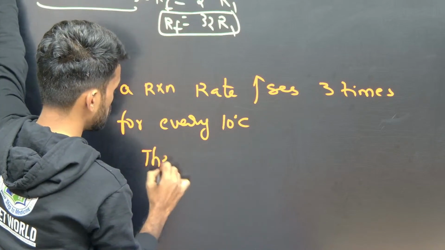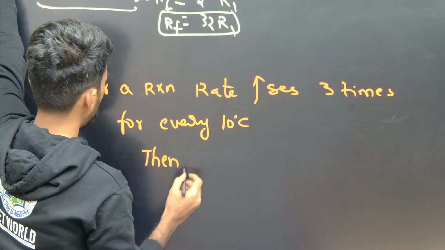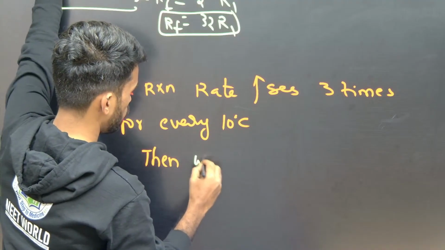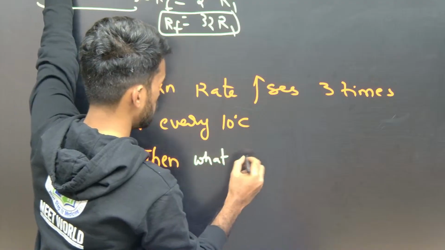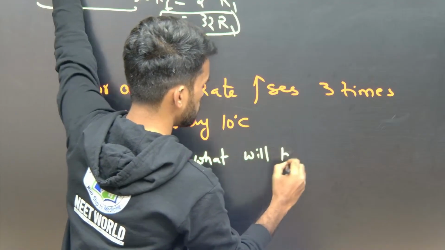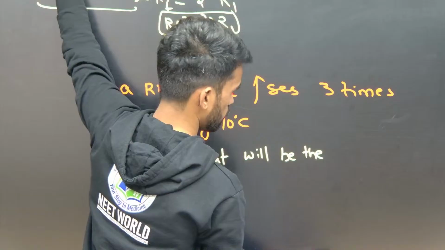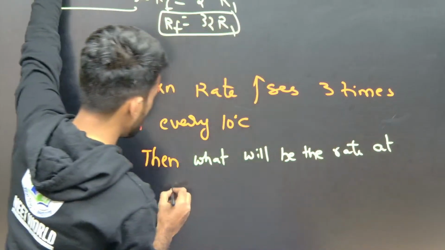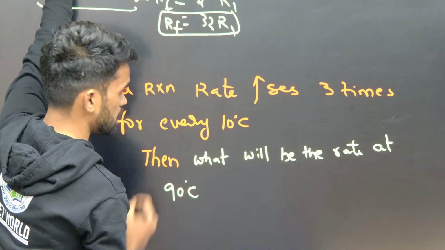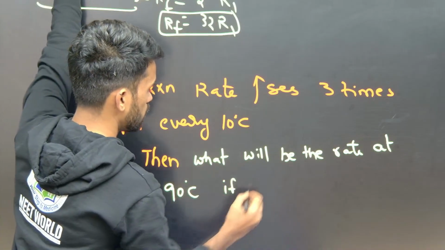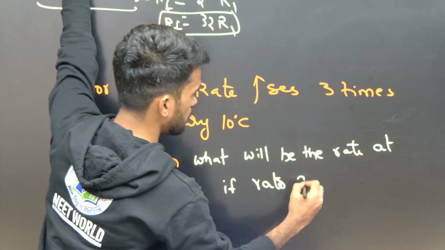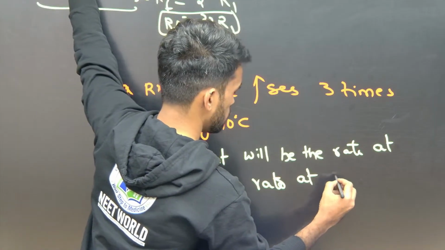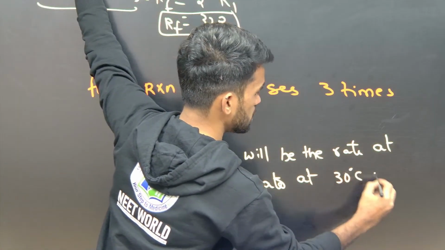Then what will be the rate at 90 degrees Celsius, if the rate at 30 degrees Celsius is X?